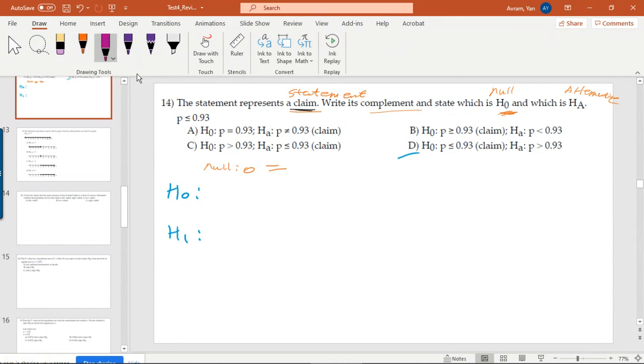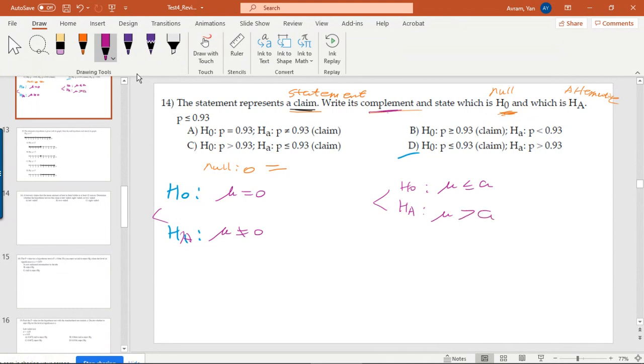And we have 3 pairs. So what are those 3 pairs? If the null is mu equal to A, the alternative will be mu not equal to A. That's 1 pair, right? Another pair for the null and alternative is if mu is less than or equal to a number A, the alternative will be the complement, so this will be greater than.